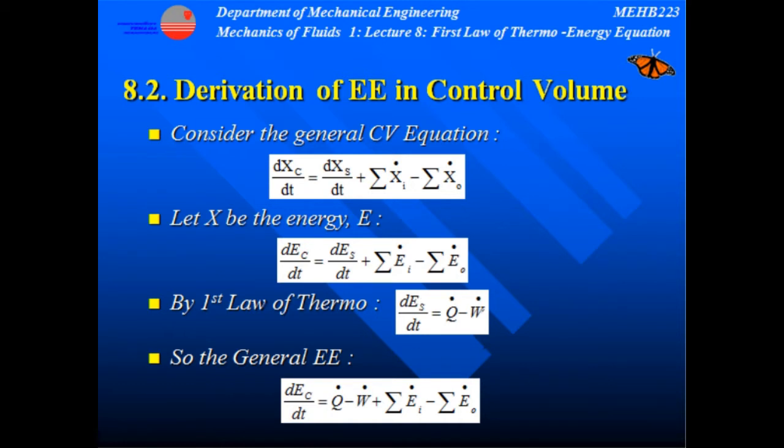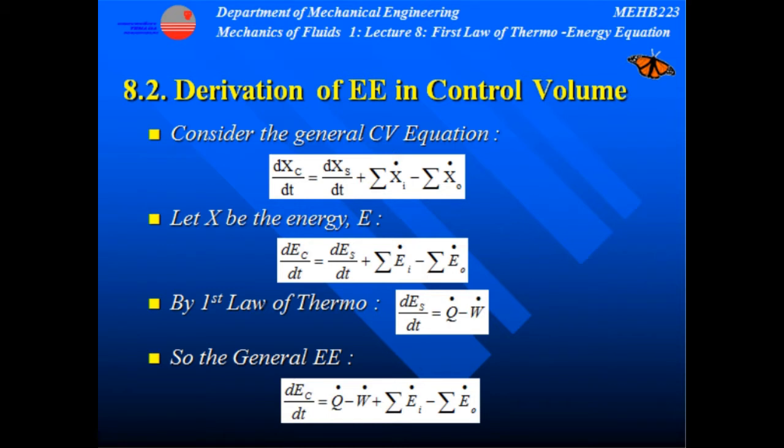So this term in the Reynolds transport equation just now can be replaced with the heat transfer and work done. When you replace this term with Q and W, you will get this equation, which is called the general energy equation.